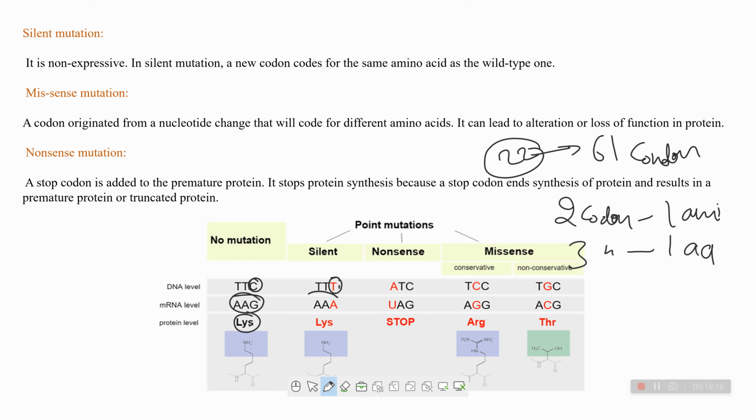And this triple A codes for the amino acid lysine. It means there is no change in the amino acid. If there is no change in the amino acid, the nature of the polypeptide will be the same as the wild type. So this type of mutation is known as silent mutation.